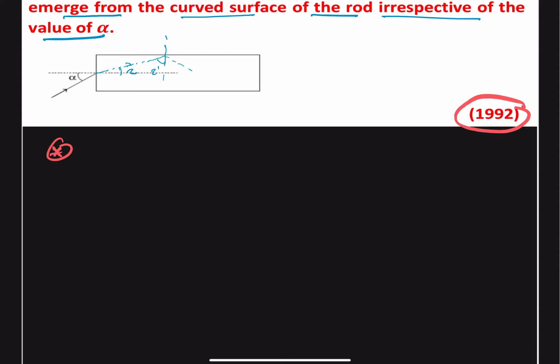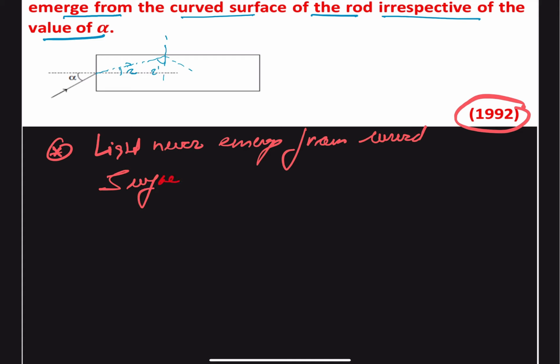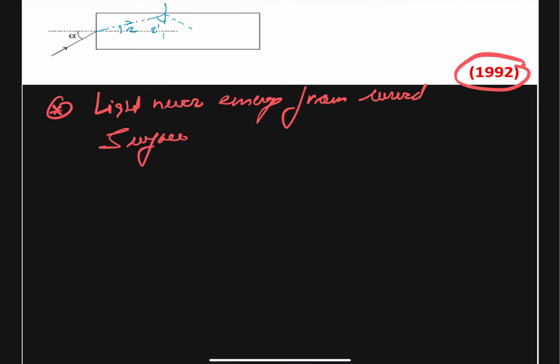So we can say that light never emerges from the curved surface, so it means total internal reflection, and it means that at every point on this curved surface the angle of incidence must be greater than or equal to the critical angle for total internal reflection.